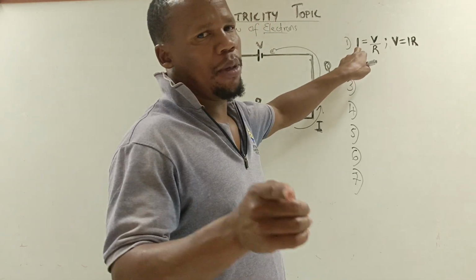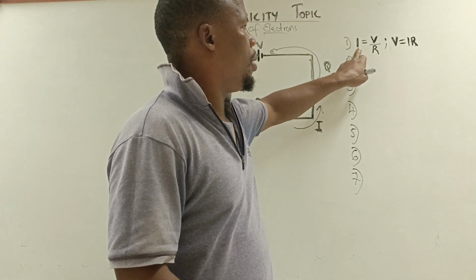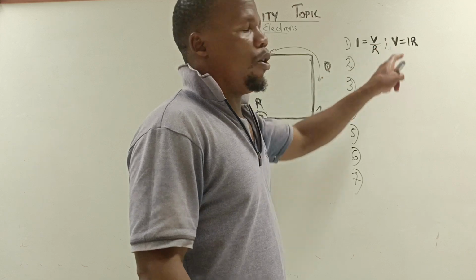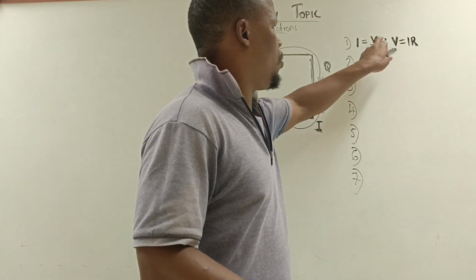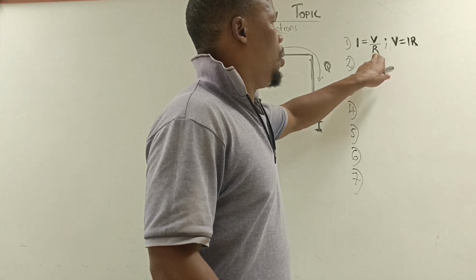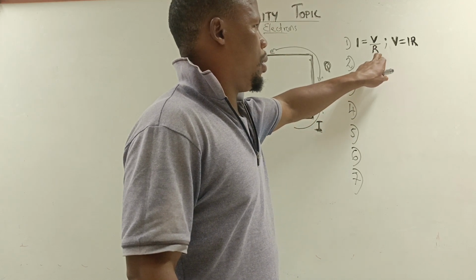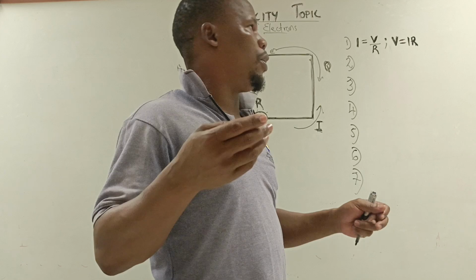Current we can measure with an ammeter. Voltage we can measure with a voltmeter. The only thing that you cannot measure is resistance, so we have to calculate it.